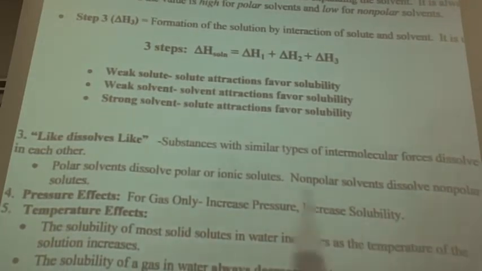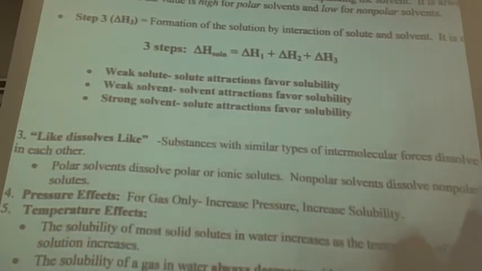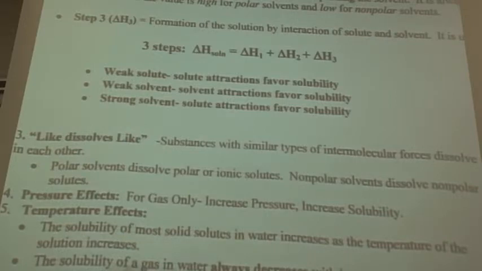Okay, now we're back to this. Let's talk about, you do realize that you could have any phase of matter as a solute and any phase of matter as a solvent, right? Okay, I will give you the solution, you tell me the phase of matter. Shaving cream. What is the solvent in shaving cream?